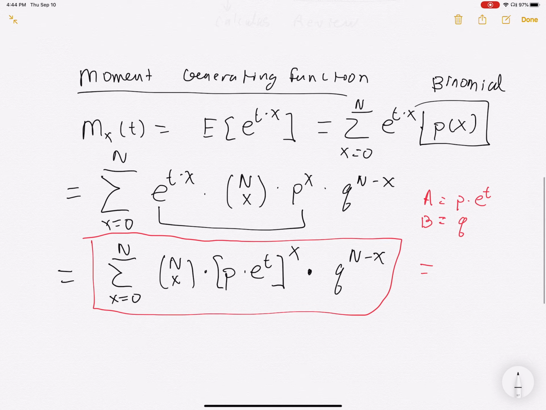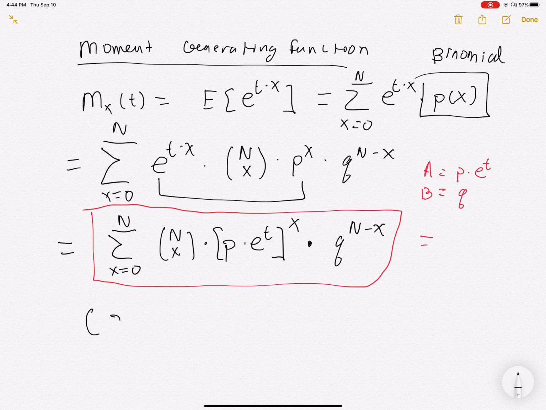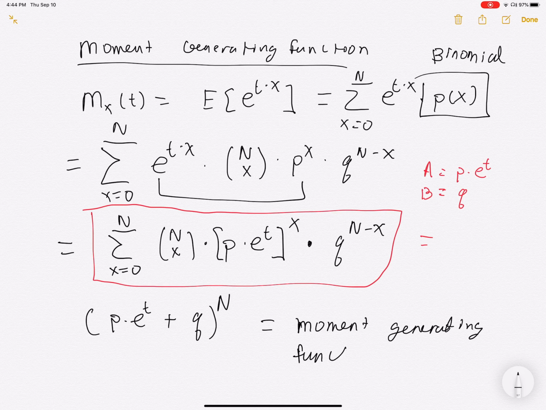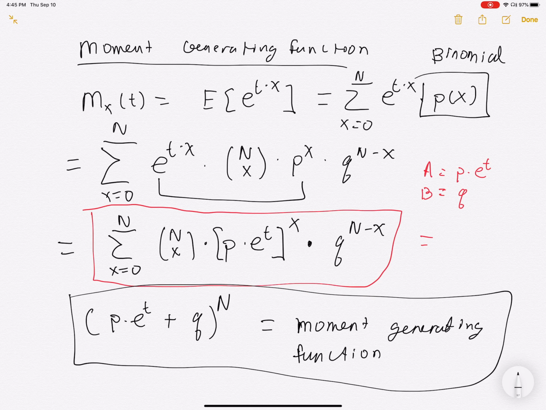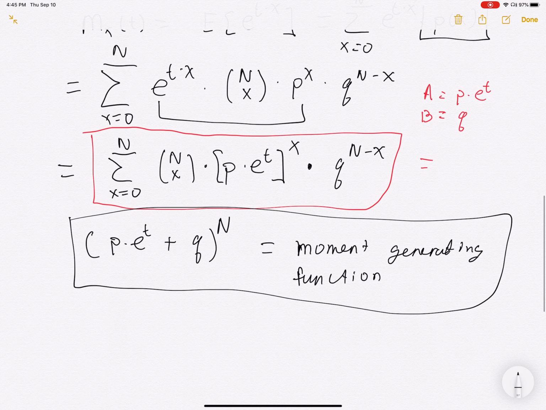That's going to be equal to A, which is p times e to the t, plus B, which is q, raised to the nth power. And that is the moment generating function. So this thing right here is the moment generating function of a binomial.